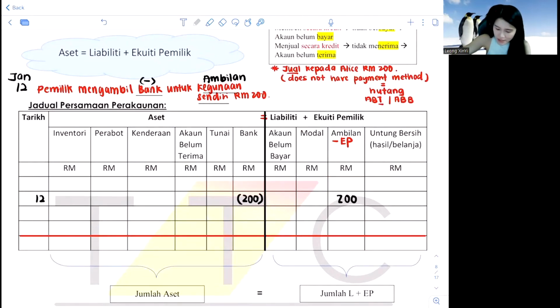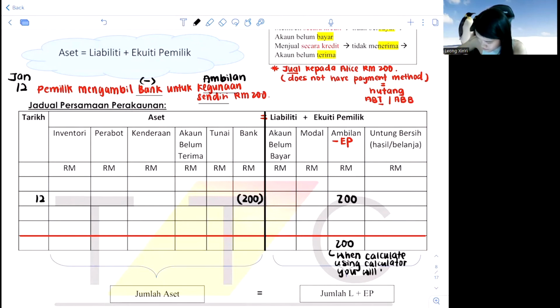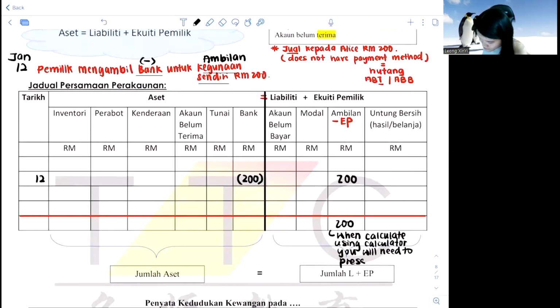You will move the 200 into the last row. And as you press on your calculator, you are supposed to remind yourself to press negative for the 200. When calculating using the calculator, you will need to press negative 200.